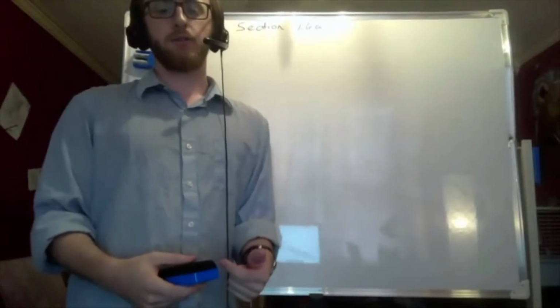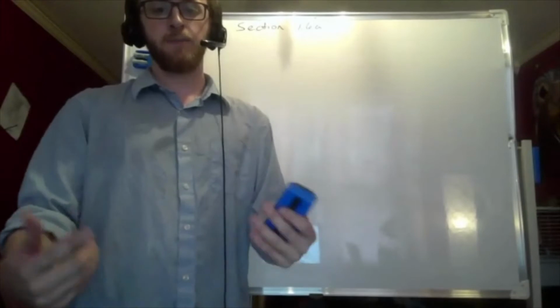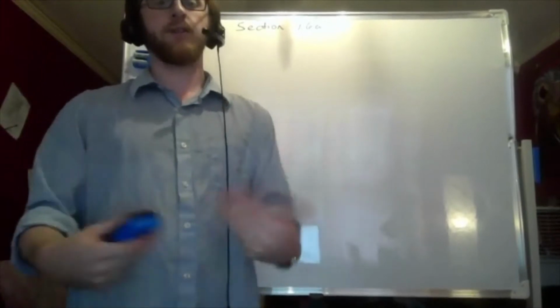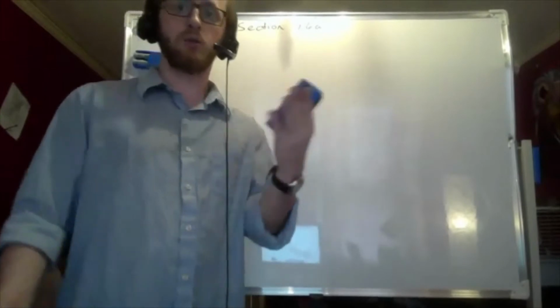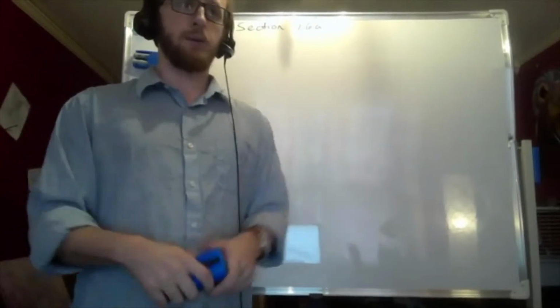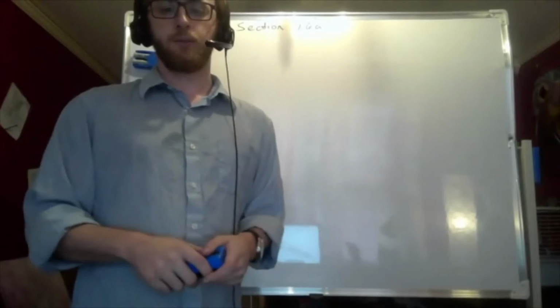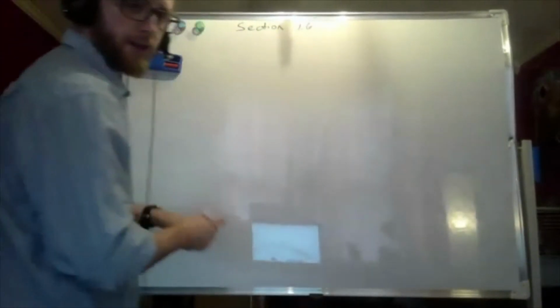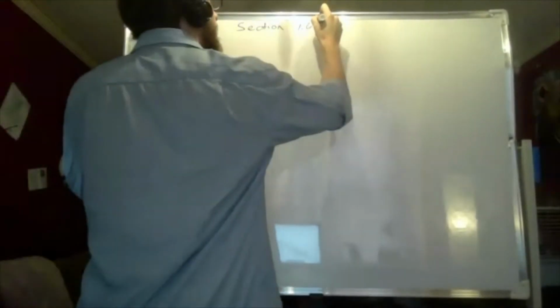I'll get an email for those questions, and then I'll be able to check them. If you're right, then I can give you full credit, and if you're not, then that may help us figure out where you're going wrong in your thinking, and we'll be able to help you figure out how to do the problem correctly. So, with that being said, that covers 1.6a, and we are ready to move on to 1.6b.